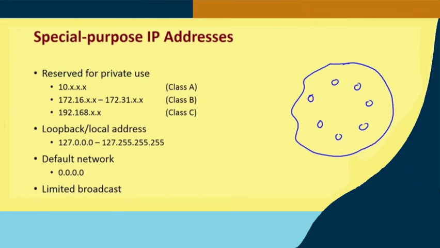Only inside your network you can use these private addresses. For class A, any address that starts with 10 dot something is a private class A IP address. For class B, there are actually 16, 172.16 to 172.31. There are 16 such private class B networks. Similarly, for class C, 192.168 is a private class C network.